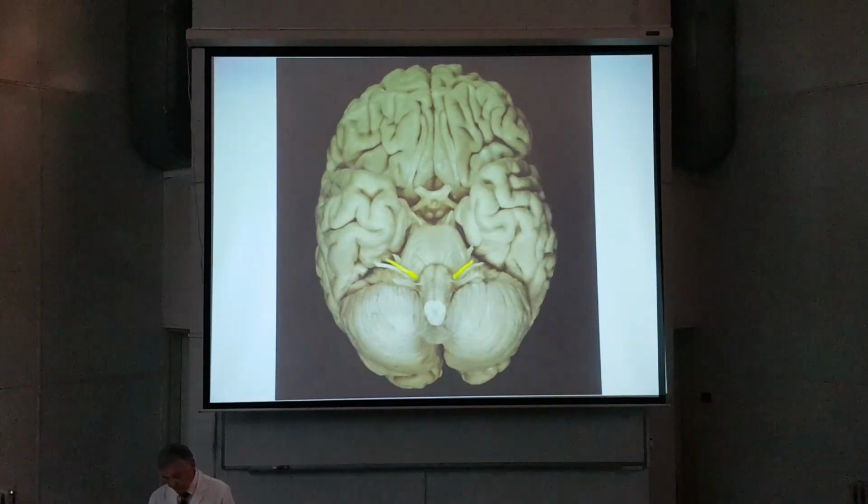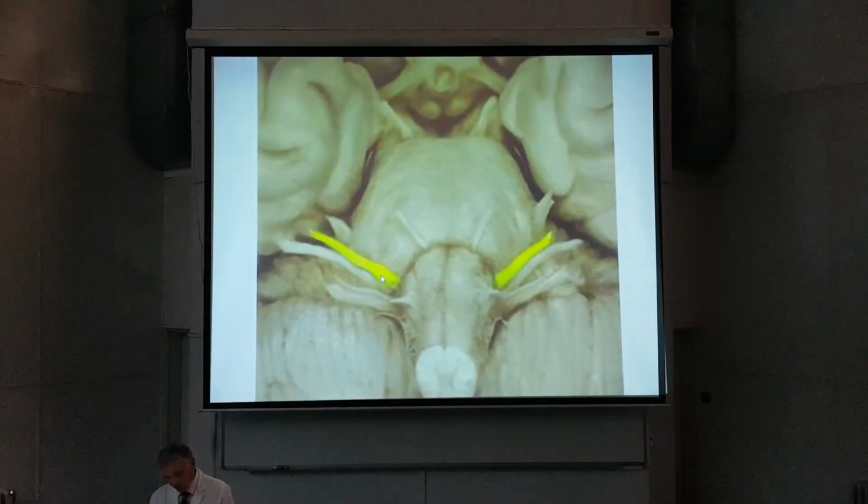These are the central connections. Now, the facial nerve is going to exit between the pons and the medulla. So this is the pons, this is the medulla, these are the pyramidal swellings, these are the olive nuclei, this is the facial nerve. Just on the side of the facial nerve is the 8th cranial nerve.